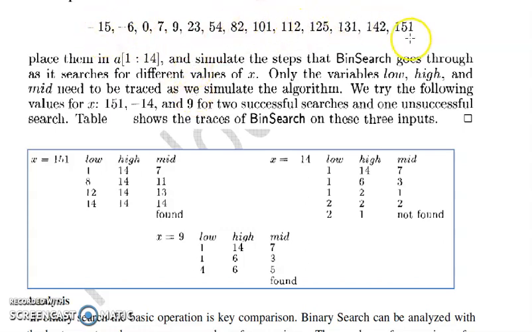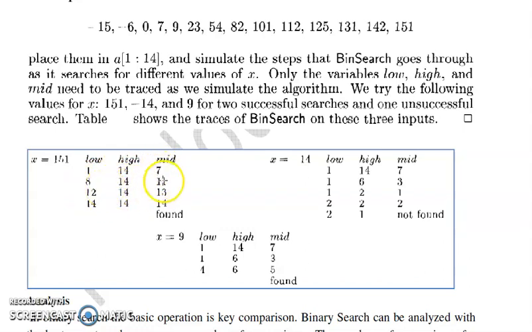As you can see in the next step, low becomes 8 because our mid element is 7. Whenever you are searching towards the right side of the middle element, the low value changes to mid plus 1, but the high value remains the same. So the 8th element is now low and high remains the 14th element.